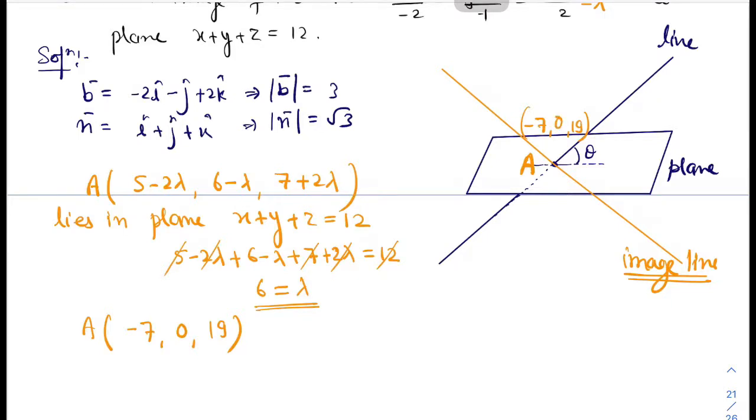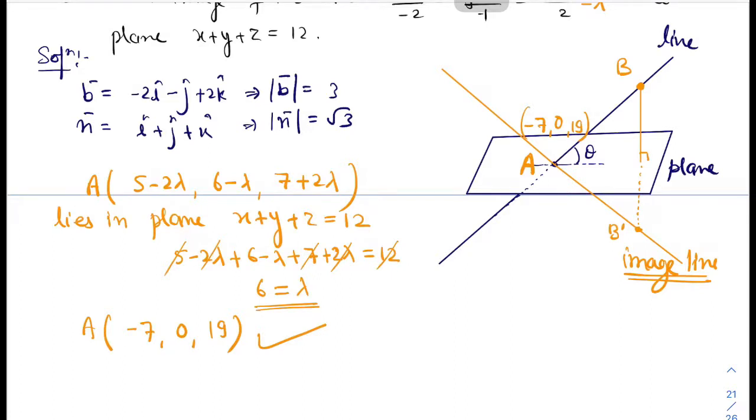Okay, so we have calculated one point on the line. How to determine any other point? If you consider any other point on this line other than this point of intersection, and see what the image of that point is, let me consider this point to be B. That image will surely be on the image line.